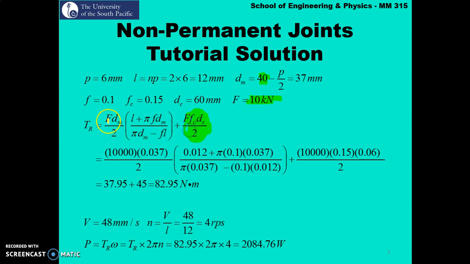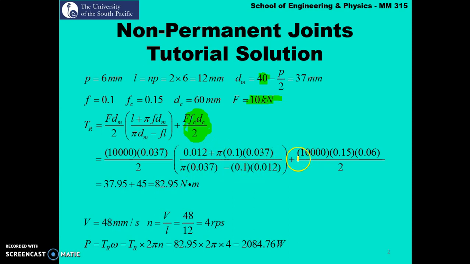So substituting for these values, the load was given as 10 kilonewton, so 10,000. The mean diameter of the thread was 37 mm, converting that to meters. The lead was 12 mm, everything is converted to meters, plus pi times the friction for the thread, which was 0.1.